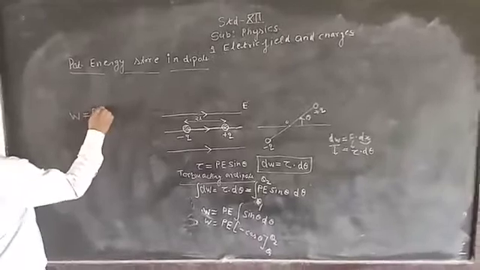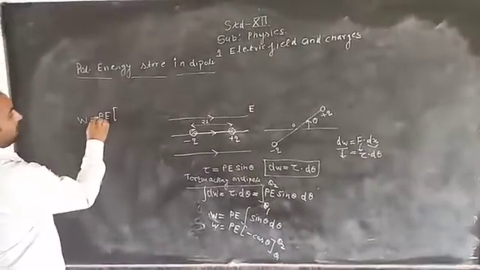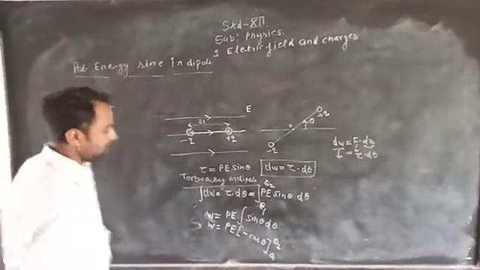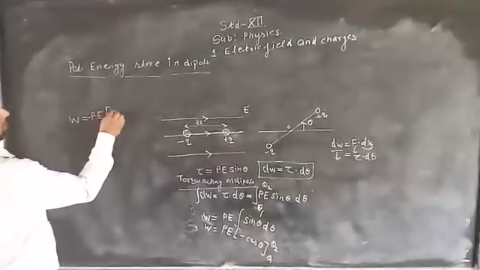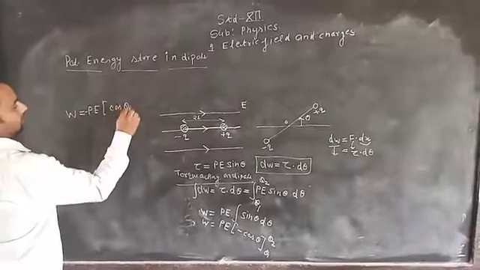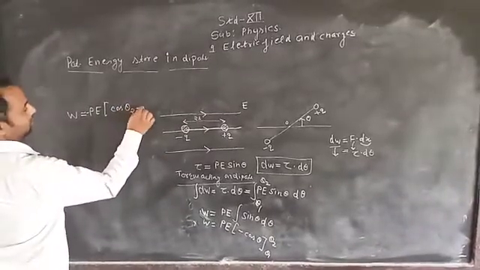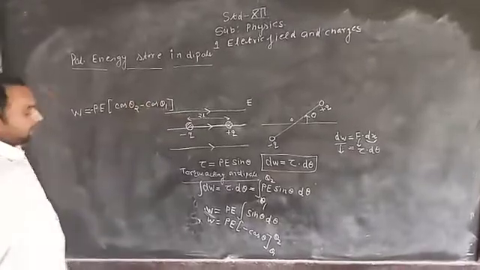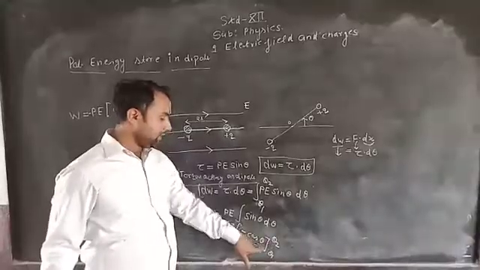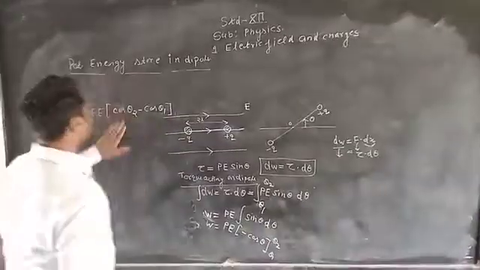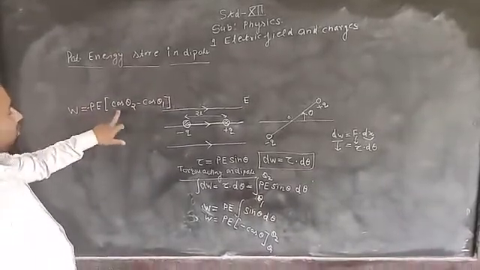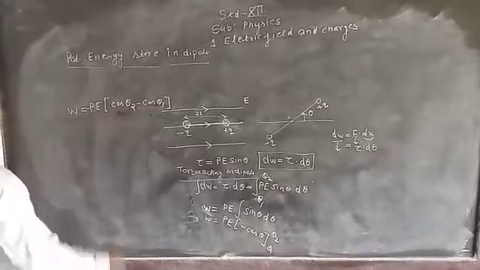PE, the minus sign is taken from here. Here in the bracket cos theta is undertaken. So we place the value of the upper limit cos theta 2 minus the lower limit cos theta 1. Here theta 2 is placed first as the upper limit and theta 1 second as the lower limit. The minus sign is taken from the brackets. So cos theta 2 minus cos theta 1.